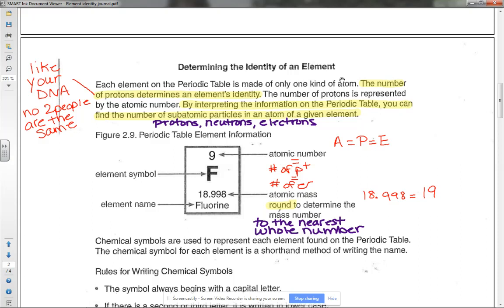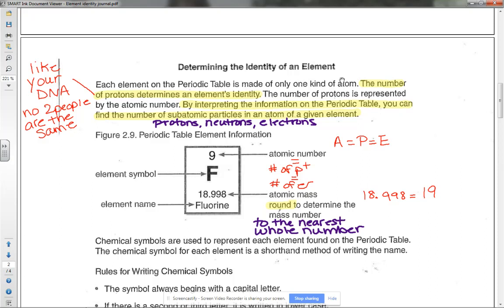And you can see that this is exactly what your fluorine looks like. So the atomic number is always going to be the whole number on the top. Then you have the element symbol. Remember yesterday we learned APE. A is equal to P, which is equal to E. So atomic number is equal to the number of protons, which is equal to the number of electrons.